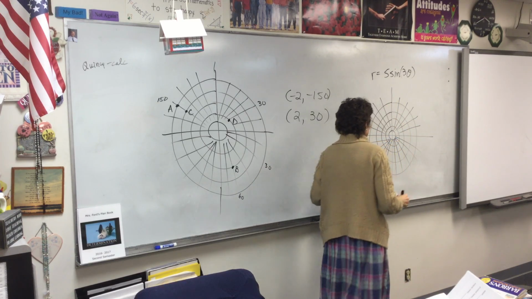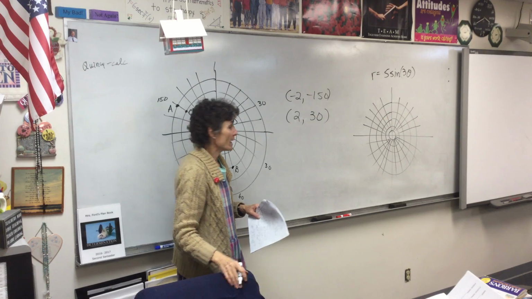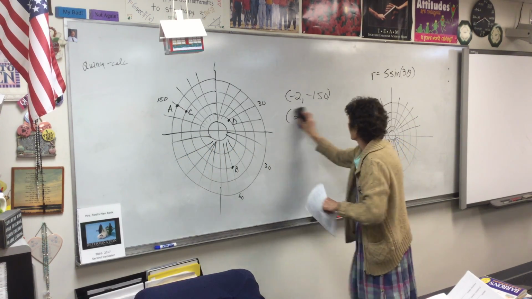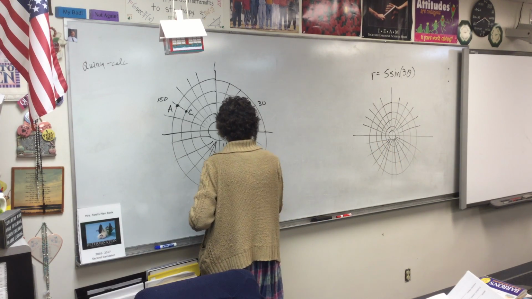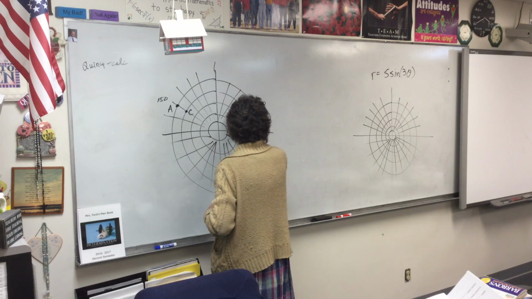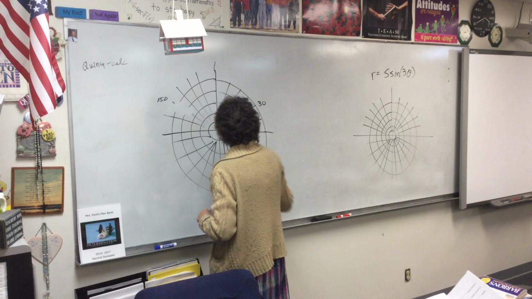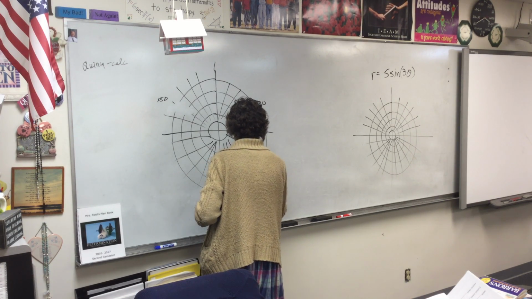Does that have to be accurate? Yeah. Yep. So go ahead, get it sketched. We're going to do both of them. So there's the first one. Put the second one here.